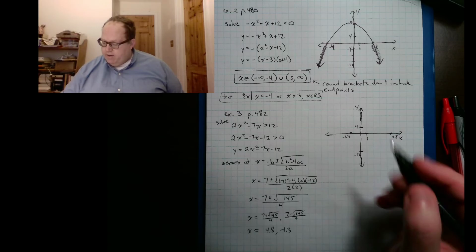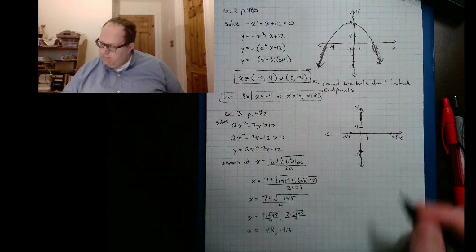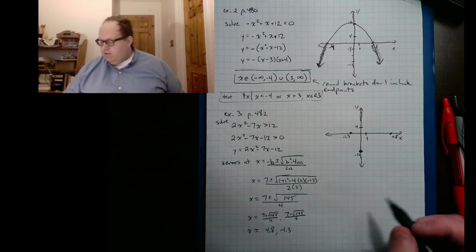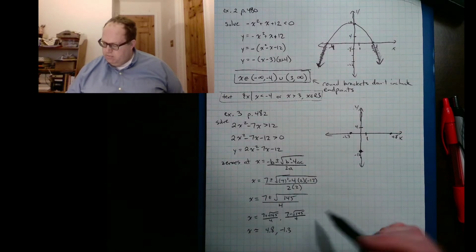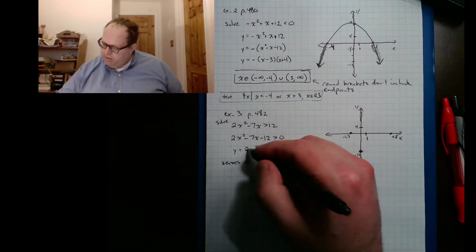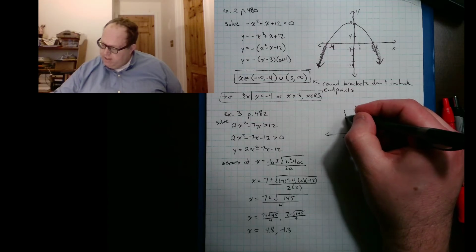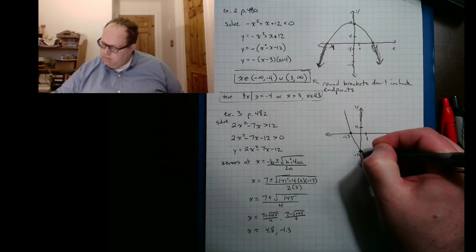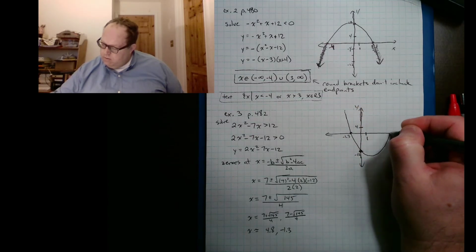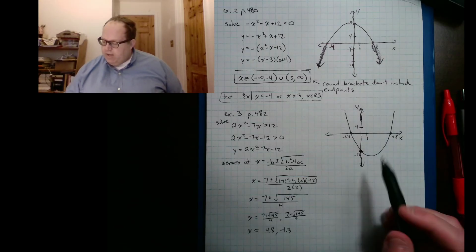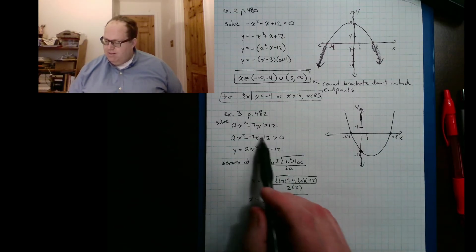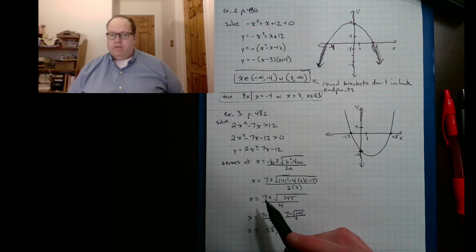I also have a y-intercept at negative 12. And my quadratic opens upward, so it's going to look something like this. And I'm interested in where this statement is greater than 0, or where it's positive.